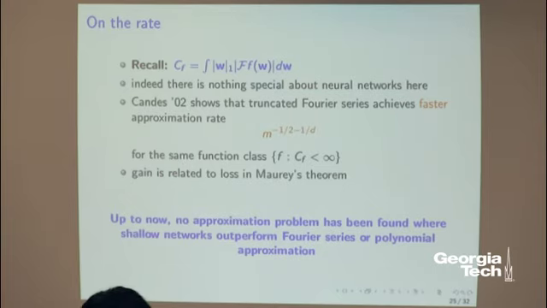And there's nothing in this approximation theorem that is special about shallow networks. Okay, so I think it's fair to claim that all these approximation theoretic properties that have been established for shallow networks can also be established by other methods, either polynomial methods, that's what we have seen before, or Fourier series methods.